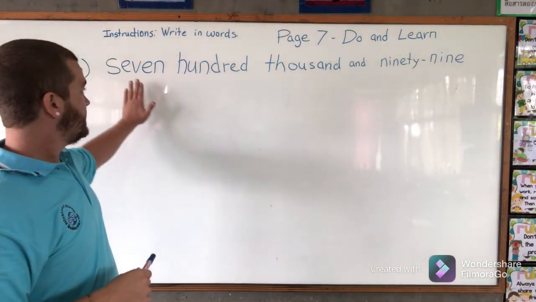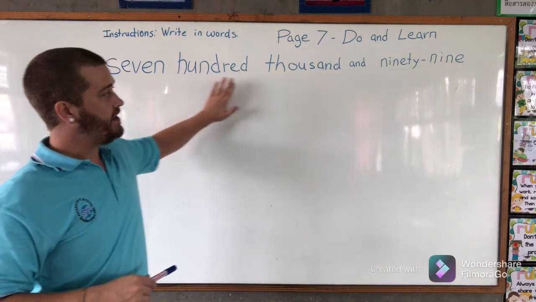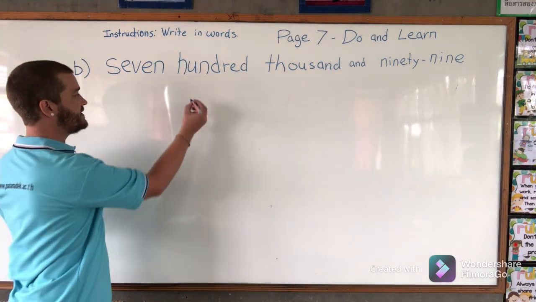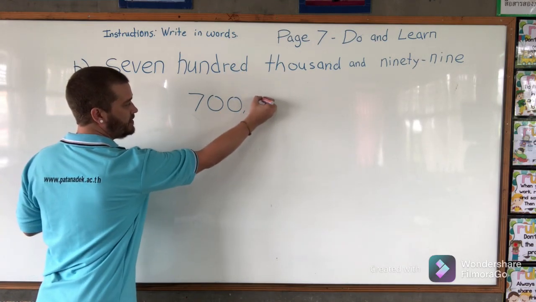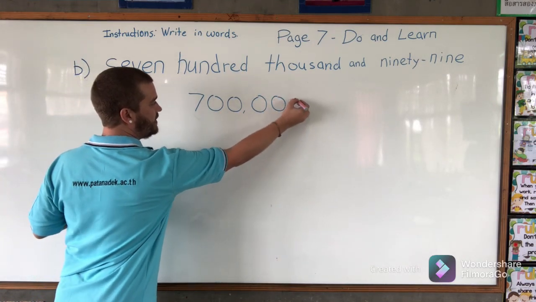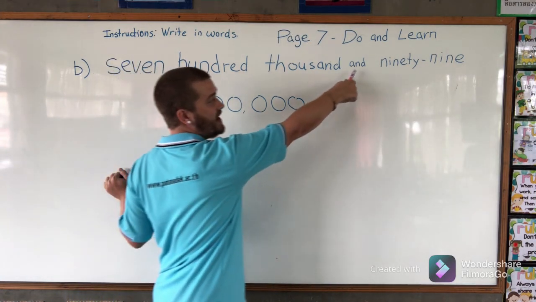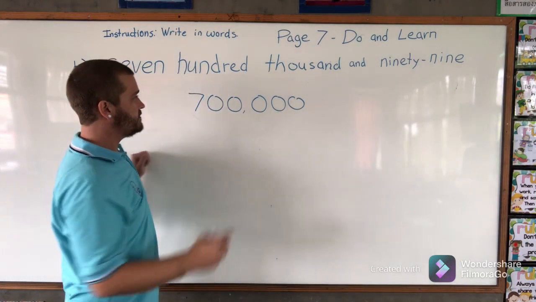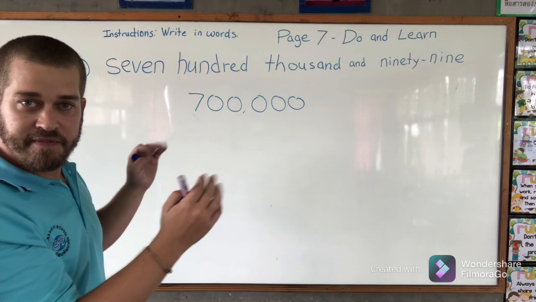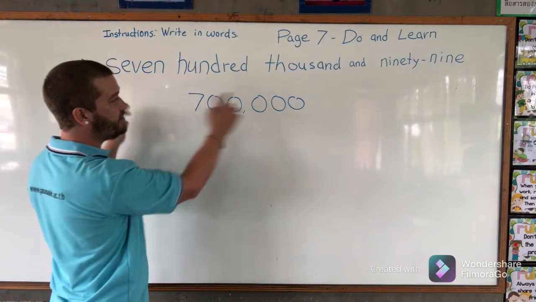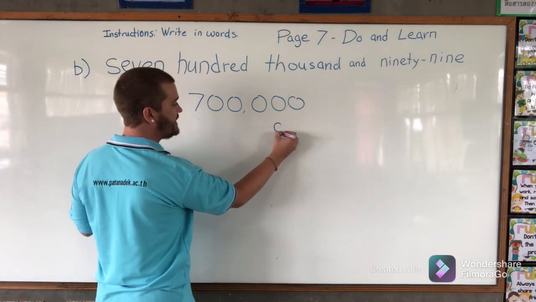So it says 700,000. We already know what that looks like. 700, comma, and 3 zeros. 700,000. And then we have our and 99. So we know we pulled 2 different numbers from this sentence. So we have 700,000 and we also have 99.